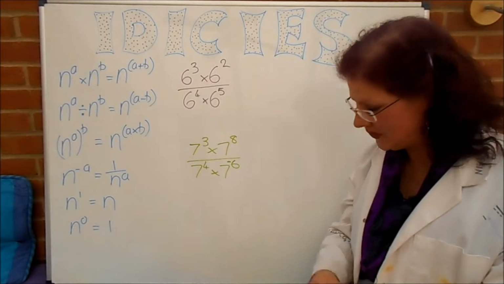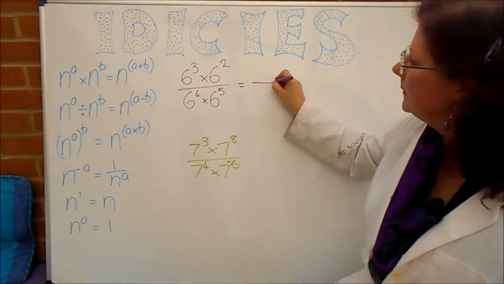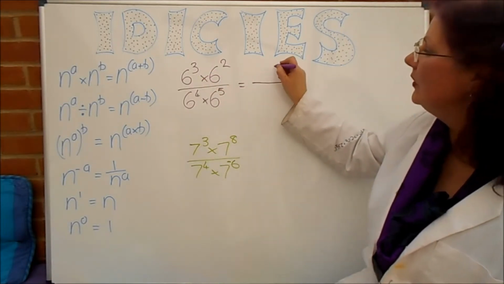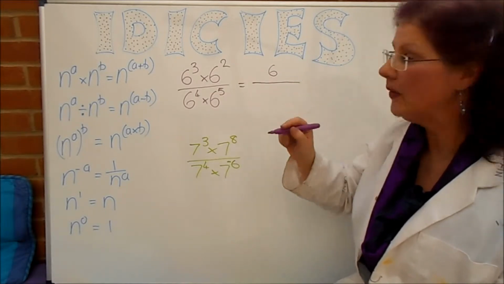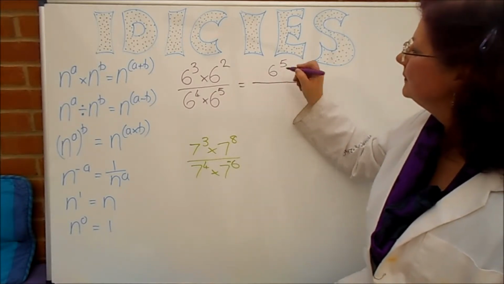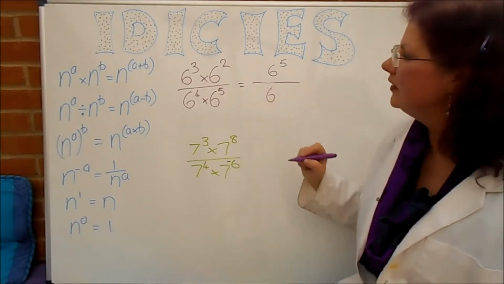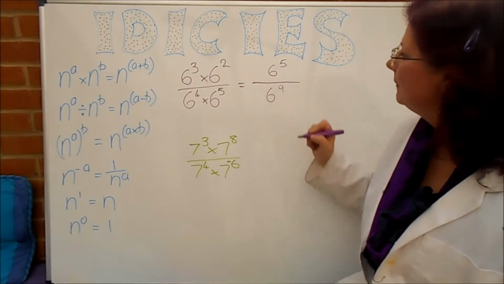Right, let's look at the purple one. Simplifying just the top bit, we have 6 to the power 3 times by 6 to the power 2, and that simplifies to 6 to the power of, we add the powers, 5. On the bottom, we've got something very similar. 6 to the power of, and again, we add them, we've got a 9 there.